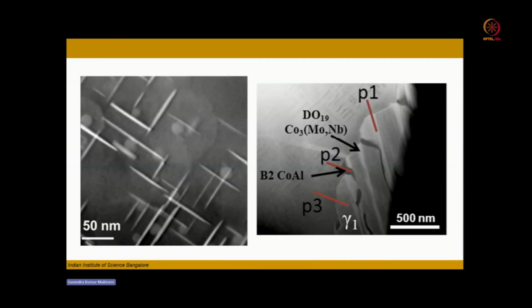Here I am showing you an example: an aluminum alloy which has copper precipitates. Both have a different atomic number. Copper has a higher atomic number. Now you can see that this is a dark field image. So these are the copper rich plates. Aluminum is the matrix.